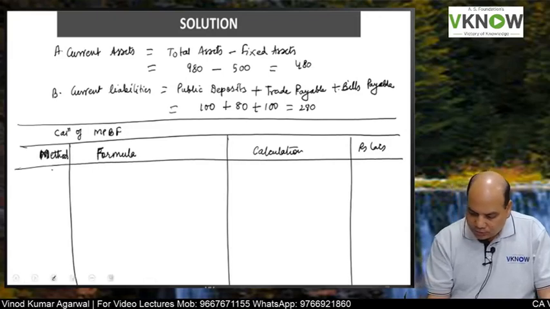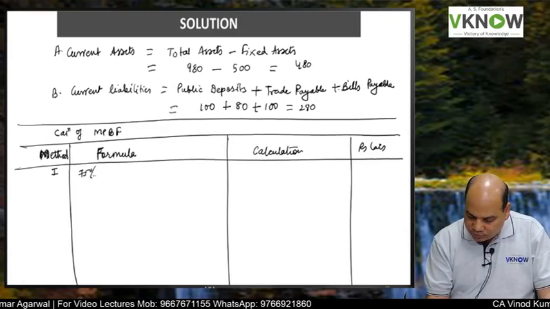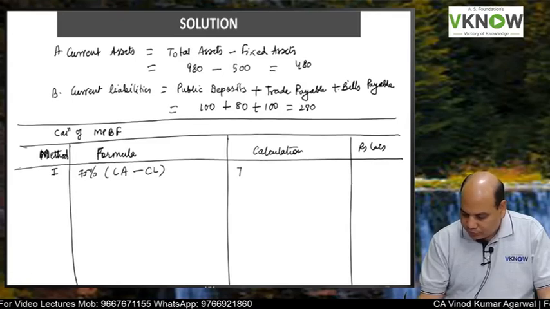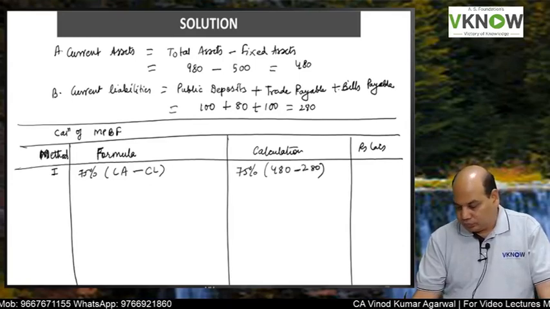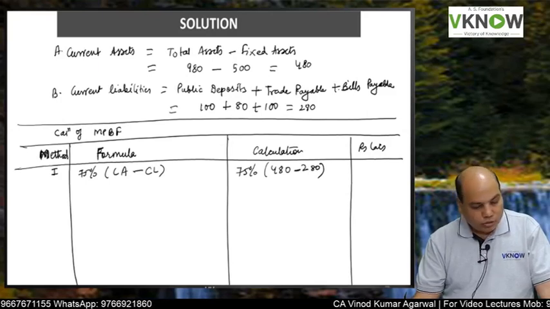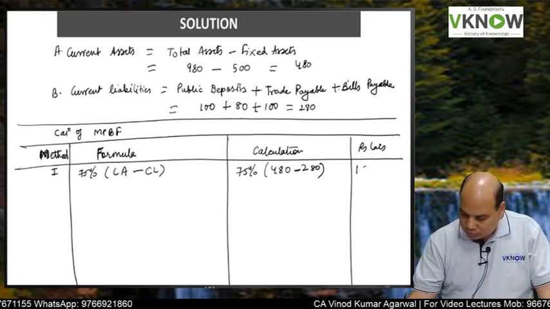So method 1 formula is 75% of current asset minus current liabilities. 75% of 480 minus 280. So how much is that? 150.